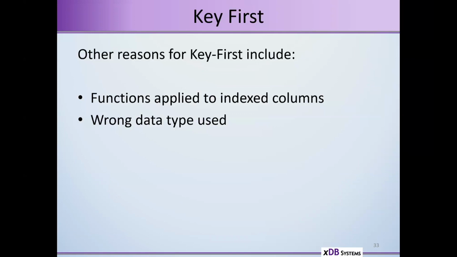And there'd be other reasons why you get a key first. Again, functions applied to the index columns may mean that that index can't be used for drilling down. And just as I mentioned earlier, with sequential scans, you may have the wrong data type. So again, that's something worth evaluating. When we're looking at data types, remember you can sometimes get those when you're doing prepared values with your onstat -g sql or onstat -g ses.